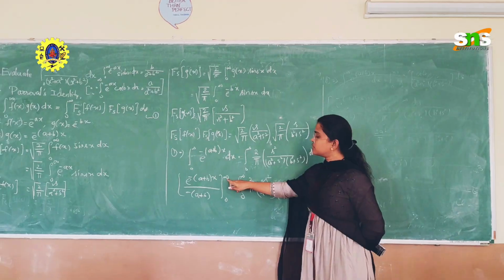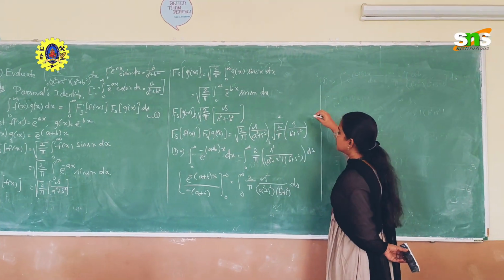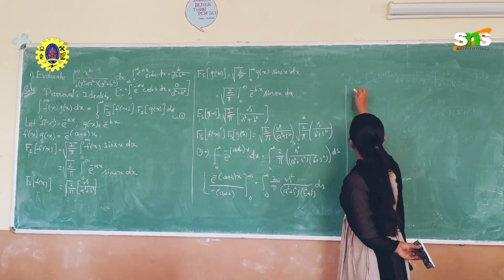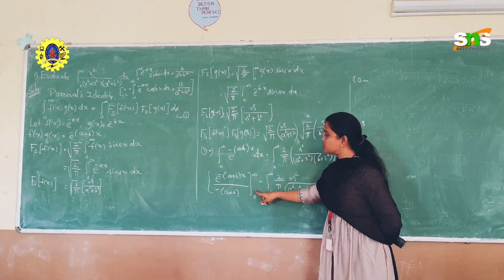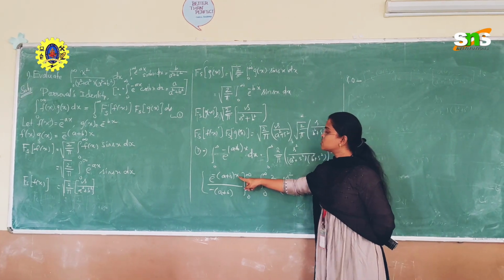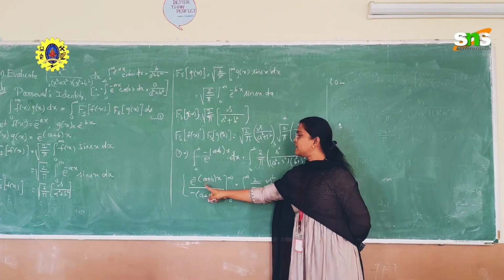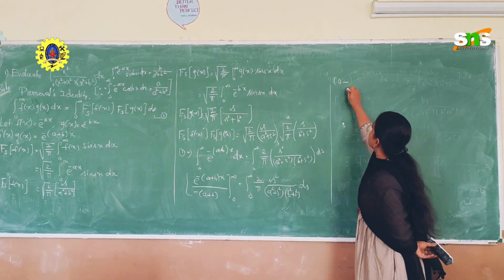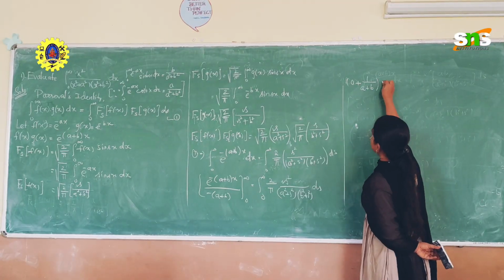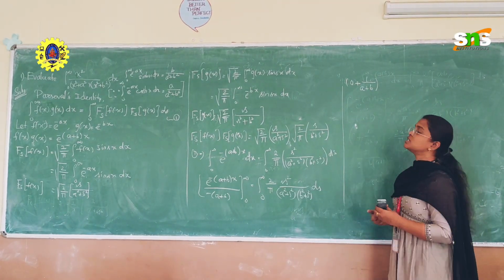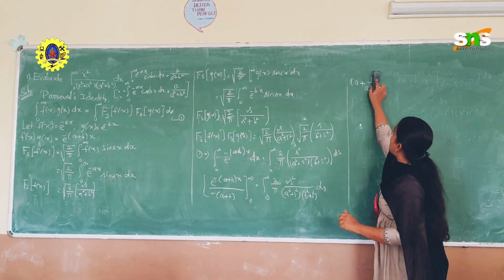First we substitute the upper limit, e power minus infinity, the whole term will be 0. For the lower limit, you have to substitute x value as 0 in this term. So you will get e power 0, value will be 1, so you will get minus 1 by a plus b. Here already one minus is there, so minus to minus plus, so 1 divided by a plus b.